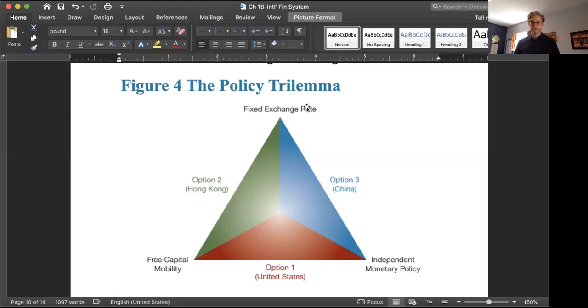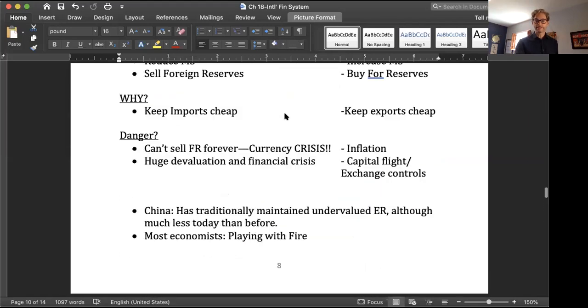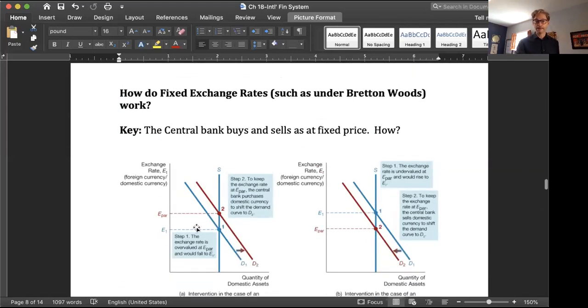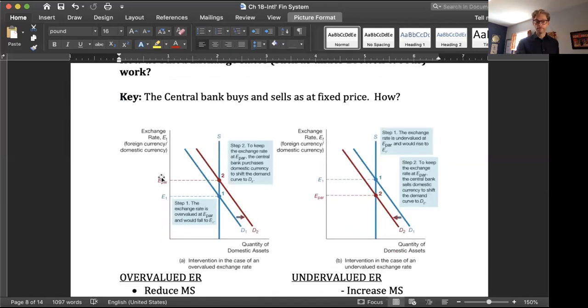Well, what does that mean? That means that we cannot be changing interest rates willy-nilly or changing the money supply. Our sole focus of money supply has to be fixing the exchange rate in ways that we talked about just back here, right? So when the exchange rate becomes overvalued, we need to cut the money supply. When the exchange rate becomes undervalued, we need to raise the money supply. Notice here that monetary policy only becomes about exchange rates.